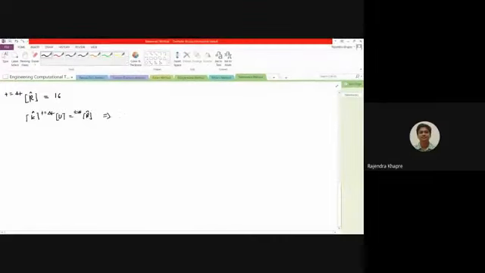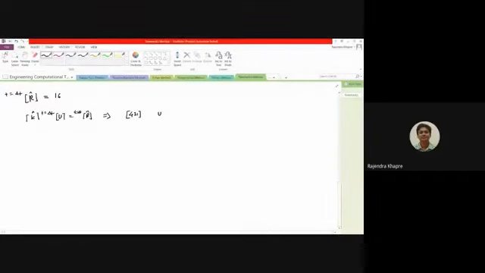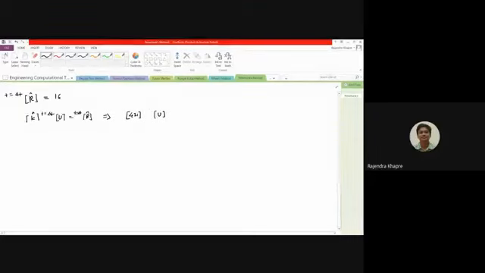Earlier we have already calculated the effective stiffness matrix as 421. So 421 into the displacement at delta t equals the effective load vector we have just calculated as 16.